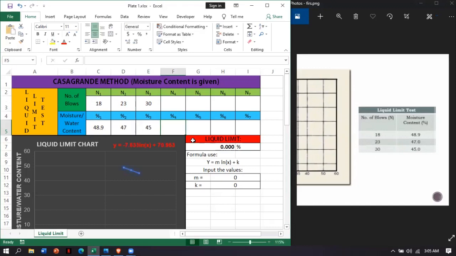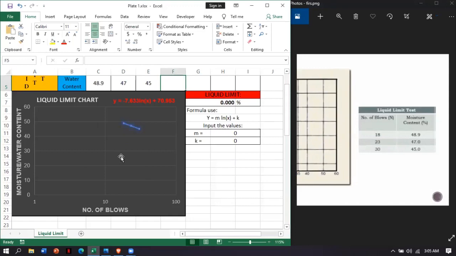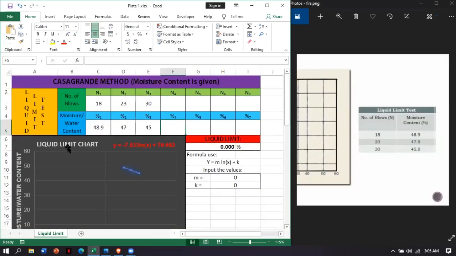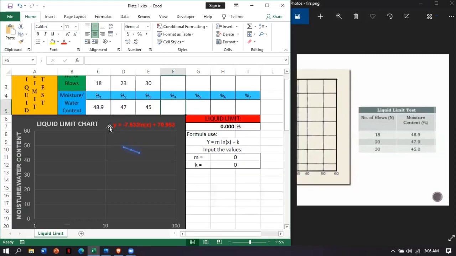45. So here is the liquid limit chart, or the graph of the table. You can see there is an equation, which is y equals negative 7.63 ln x plus 70.953. This is the equation, the formula, on how we're going to get our liquid limit, where y refers to the liquid limit.